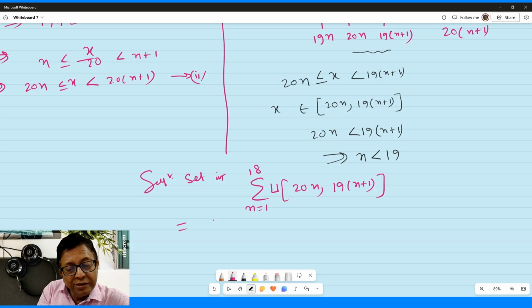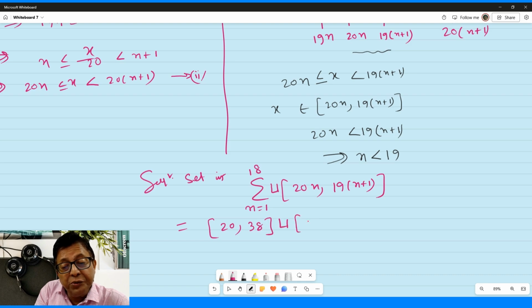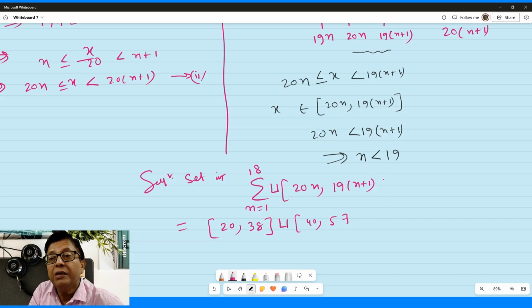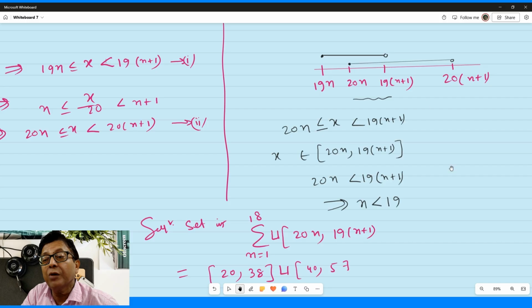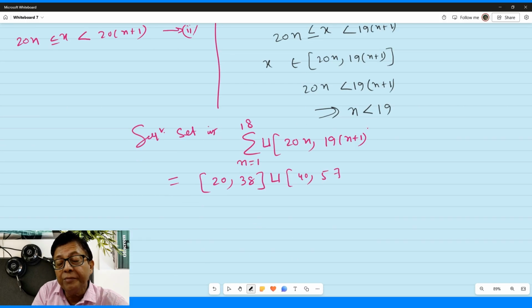So you put n equal to 1, this is going to be 20 comma 38. And in this union, if you put n equal to 2, this is going to be 40, 57. I'm extremely sorry, by mistake I have taken this one 2. The solution is going to be less than that. You should take care, because that is not included. It cannot be included as per the number line shown over there.